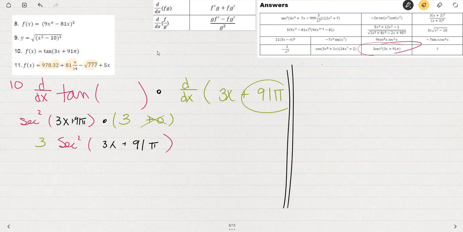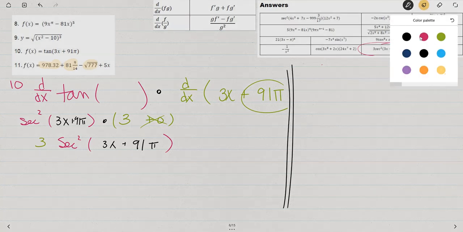And look at those first 3, what do they all have in common? They're all constants. So the derivative of 978 and 3200ths is 0. The derivative of 81 and 9/14ths is 0. The derivative of the square root of 777 is 0.